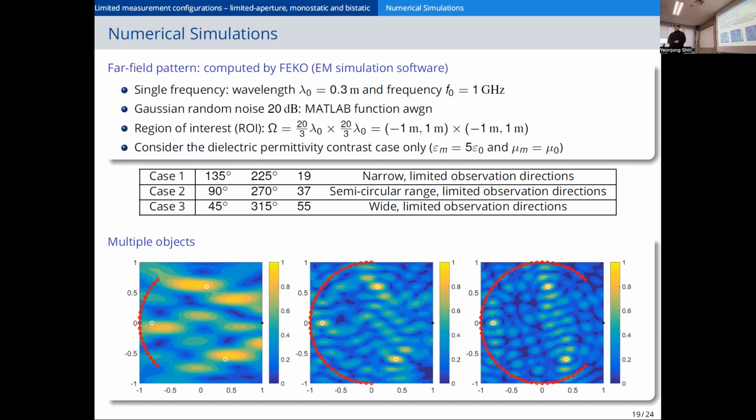Maybe one more question. Have you tried a different epsilon for different particles, different objects? Yeah, of course. And how does the performance vary with that parameter? Because of course we have the background medium, and if the object's value is close to the background medium value, that might be super difficult to detect. Yeah, you're right.